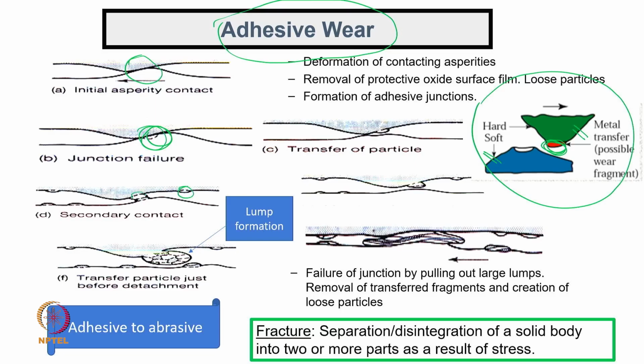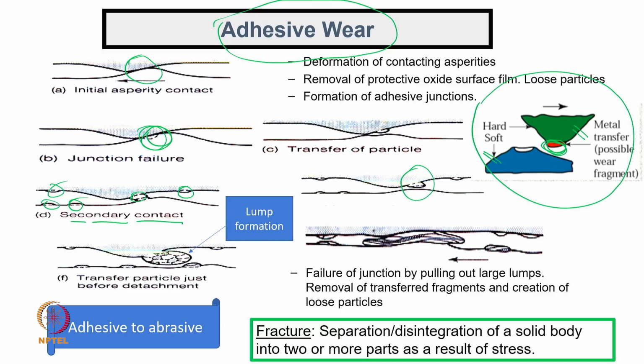There is a possibility of work hardening of the surface, so even the second material can get some sort of material transfer. Both materials can transfer material to each other to some extent, maybe a secondary contact will happen, and then there is a possibility that junction growth happens continuously, with more and more material transferred onto the previously transferred material.